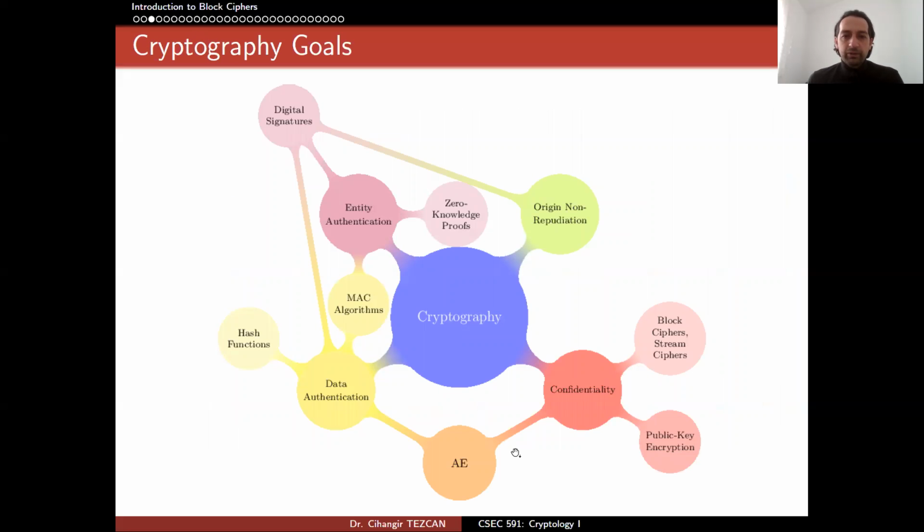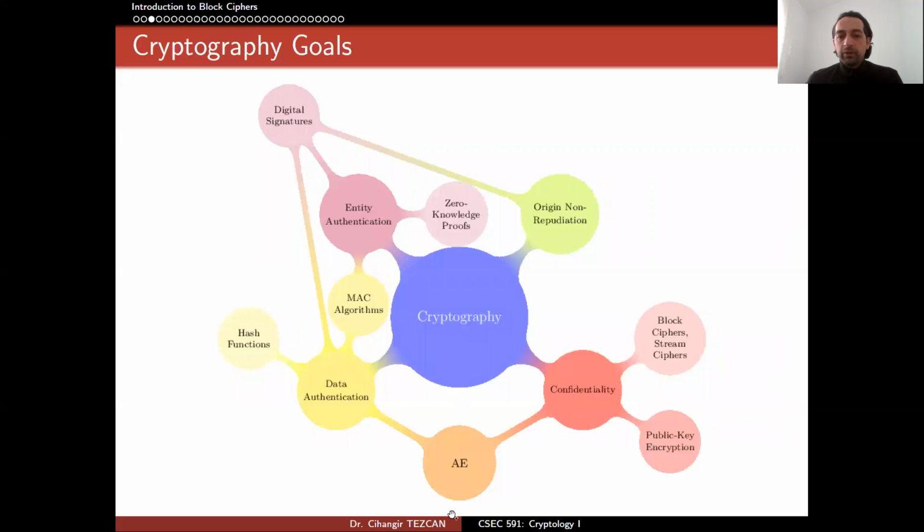Cryptography actually solves a lot of problems. Cryptography solves the confidentiality problem. This is mostly done by encryption. We have many different encryption algorithms. Symmetric key encryption algorithms are generally categorized as block ciphers and stream ciphers. But we also have asymmetric key cryptography algorithms like RSA or ElGamal and so on.